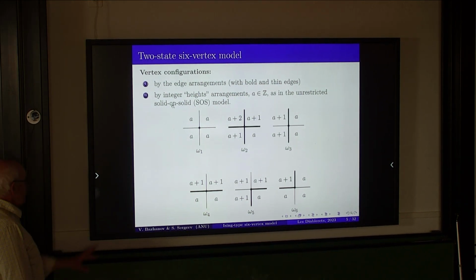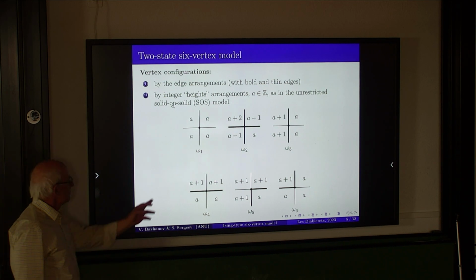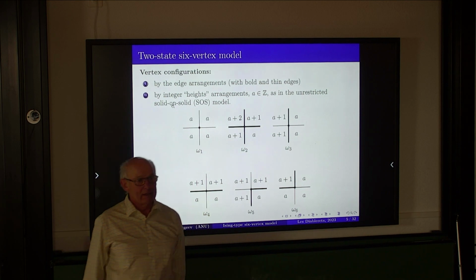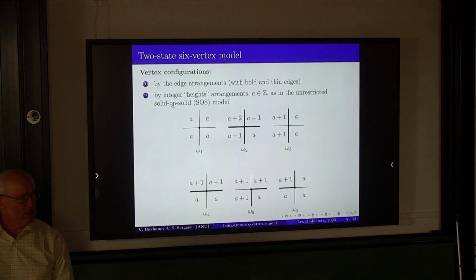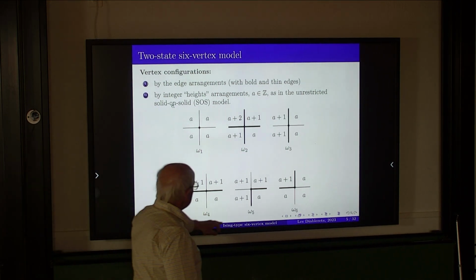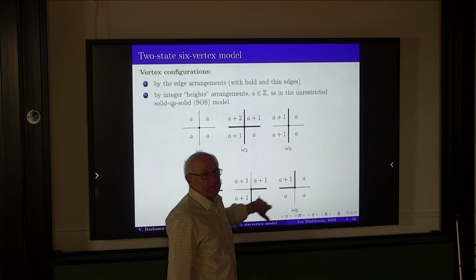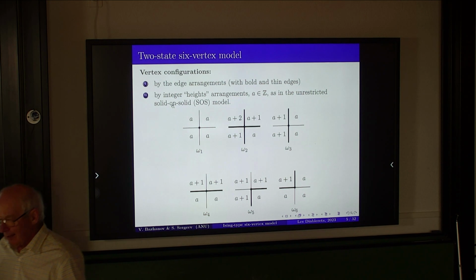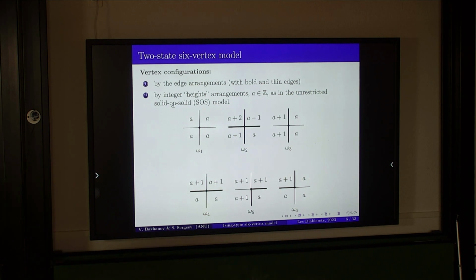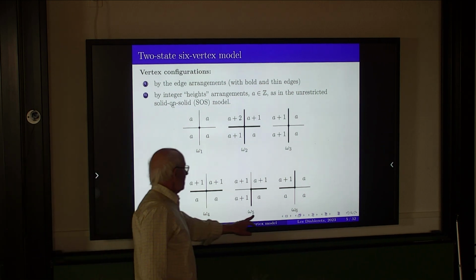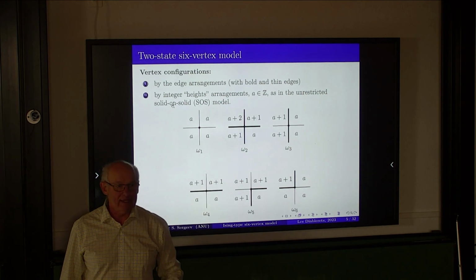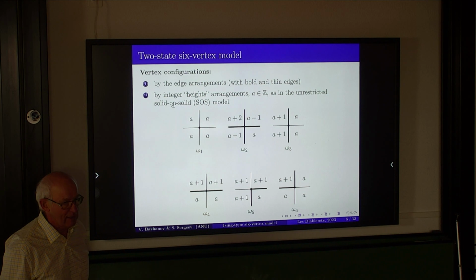Okay, so that's completely equivalent. So we assign Boltzmann weights, omega 1 to omega 6. I'll consider the case when these two are the same for simplicity. But for periodic boundary conditions, these two occur only in pairs. So only the product is significant.